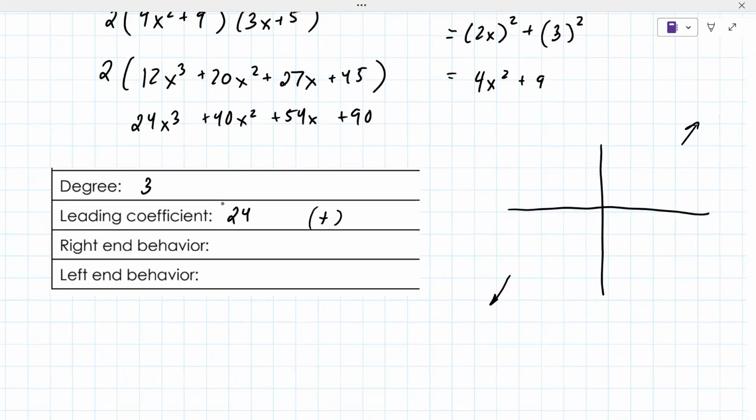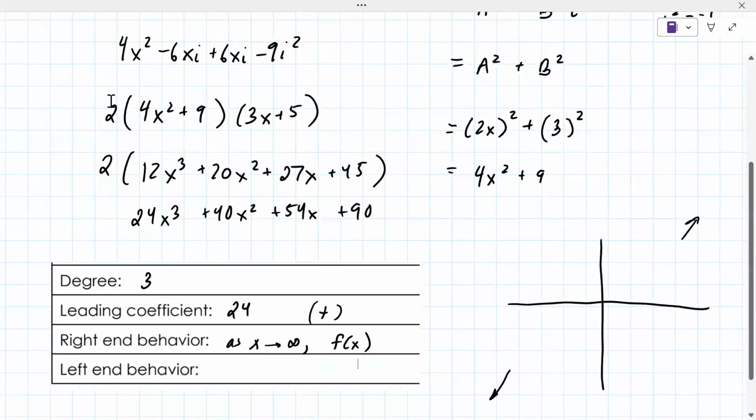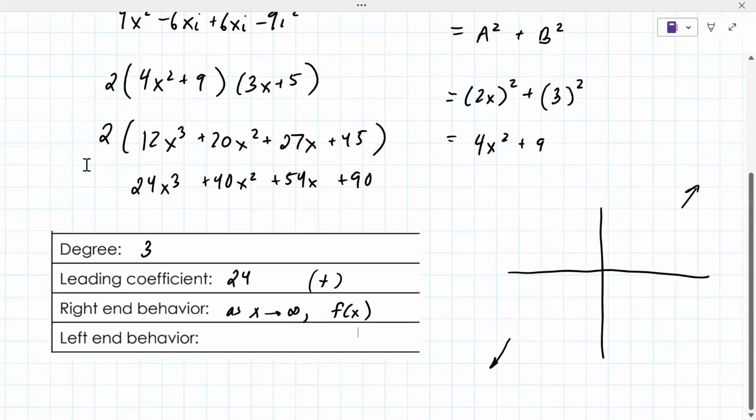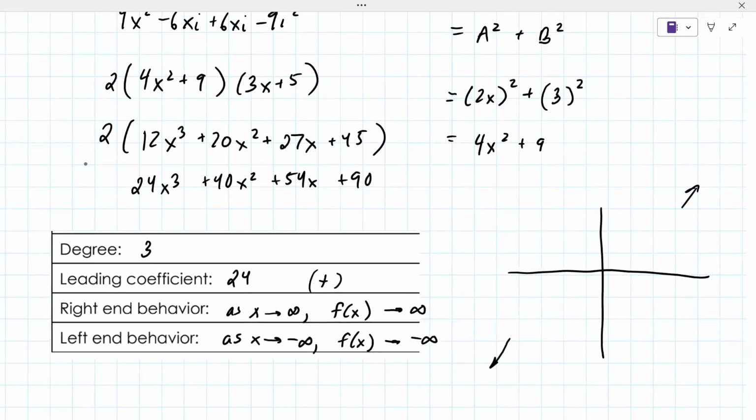So the right end behavior here, as x goes to infinity, f of x, the reason it's f of x is because it was given as f of x, goes to positive infinity. Left end behavior as x goes to negative infinity, f of x goes to negative infinity like that.